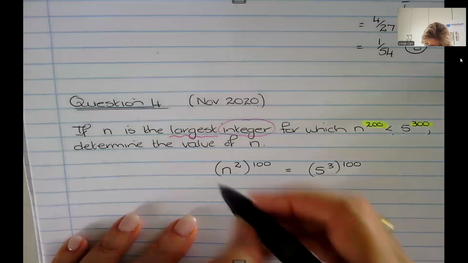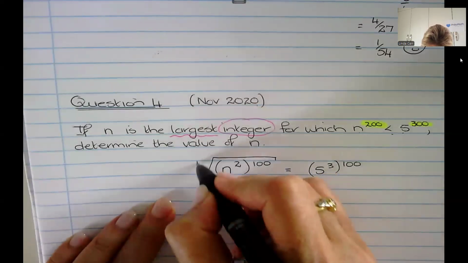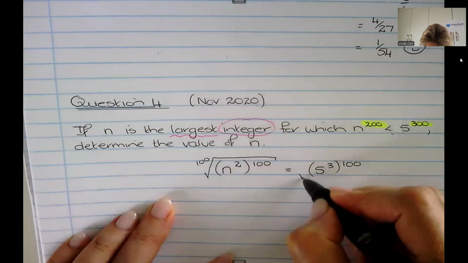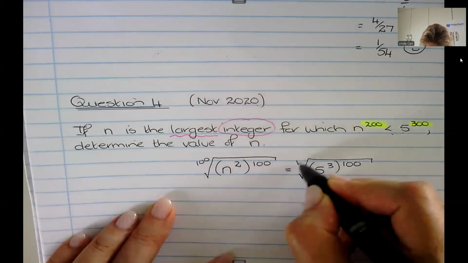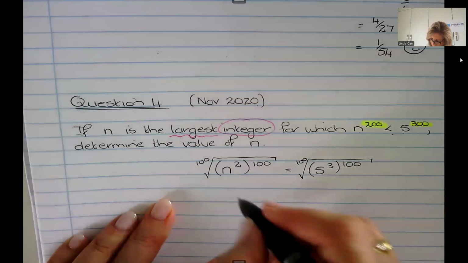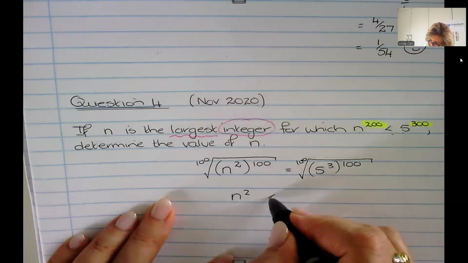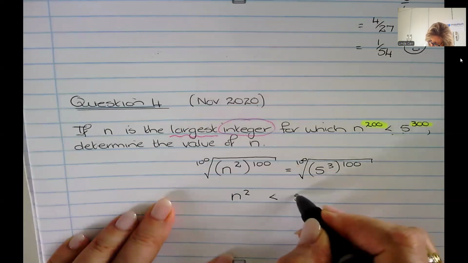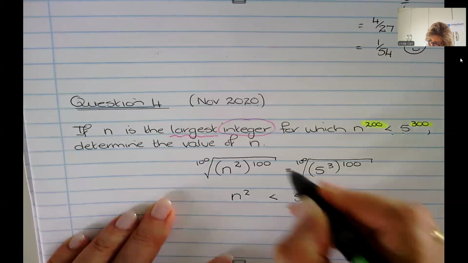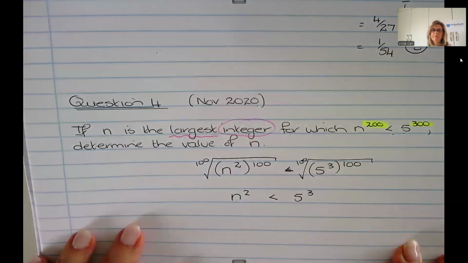So technically, I'm allowed to do the 100th root on both sides. And what am I left with? N squared less than 5 cubed. That was careless of me. That's a less than sign.